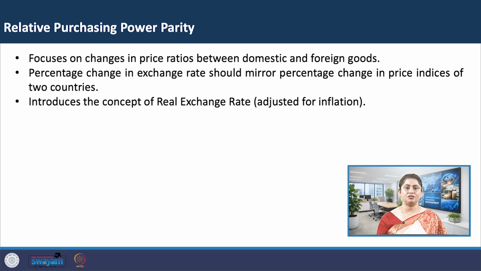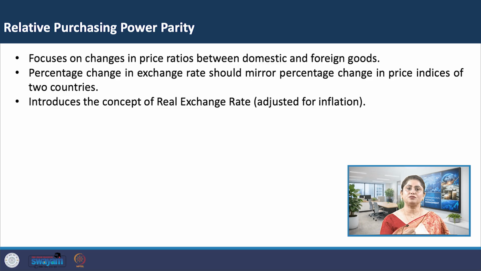Relative PPP revolves around a simple but powerful idea. The percentage change in the exchange rate between two currencies should mirror the percentage change in the price indices of the two countries. In other words, if India's prices are rising faster than US prices, the rupee should be depreciating against the dollar at a rate roughly equal to the inflation differential between the two countries.